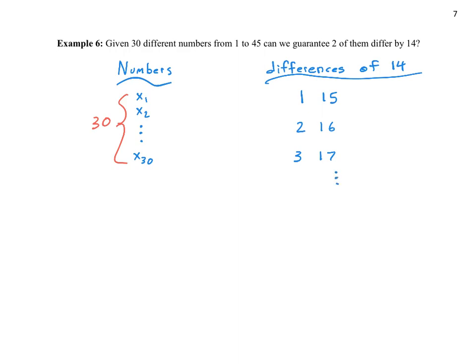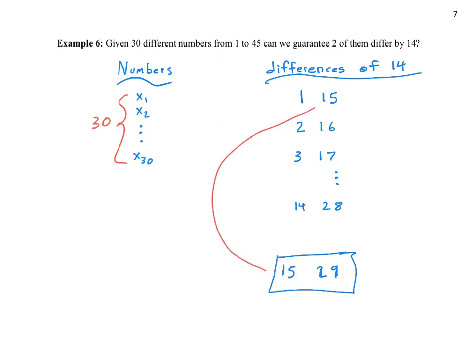eventually we're going to hit the number 14 and 28 to make a difference of 14. Now the next difference of 14 that you might think of would be 15 and 29. But 15 and 29 are not so nice to make as a new pigeonhole because we already have 15 in one assignment in a pigeonhole.